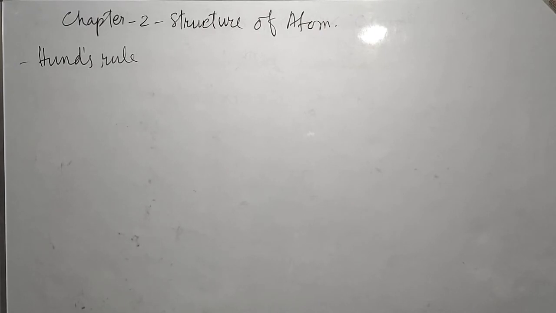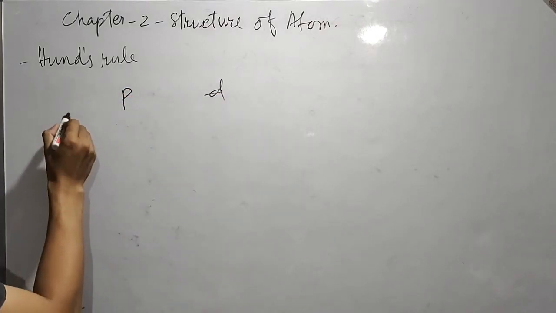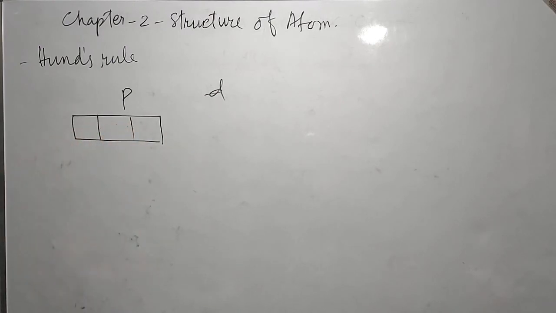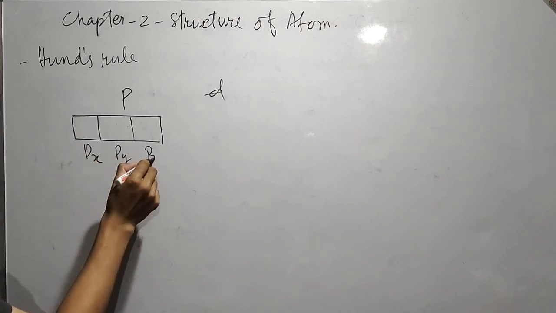In this rule, it states that if more than one orbital of equal energies are present, which are called degenerate orbitals, say a p orbital or d orbital. In the p orbital there are three types of orbital, called px, py, and pz.